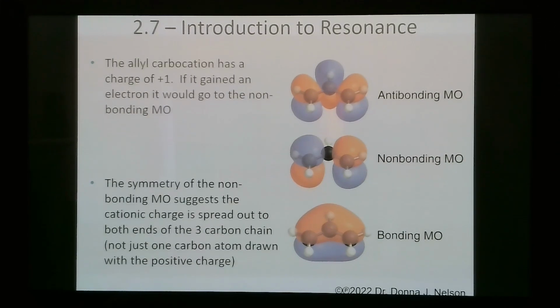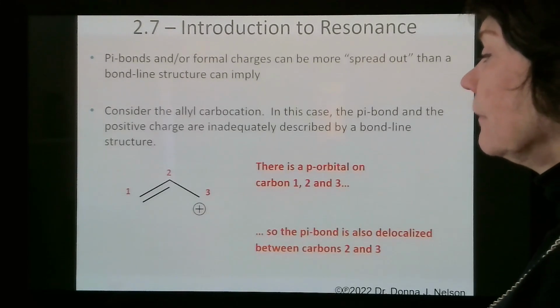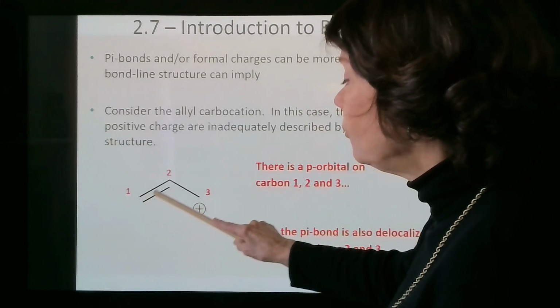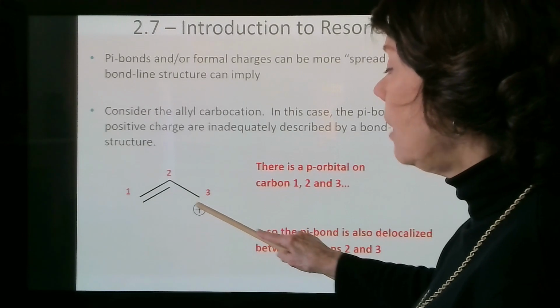So let's look now at the allyl carbocation, which has a charge of +1. Let's go back and look. Here's the allyl carbocation. You have 2 electrons in the pi system, and the third p orbital has no electrons in it.